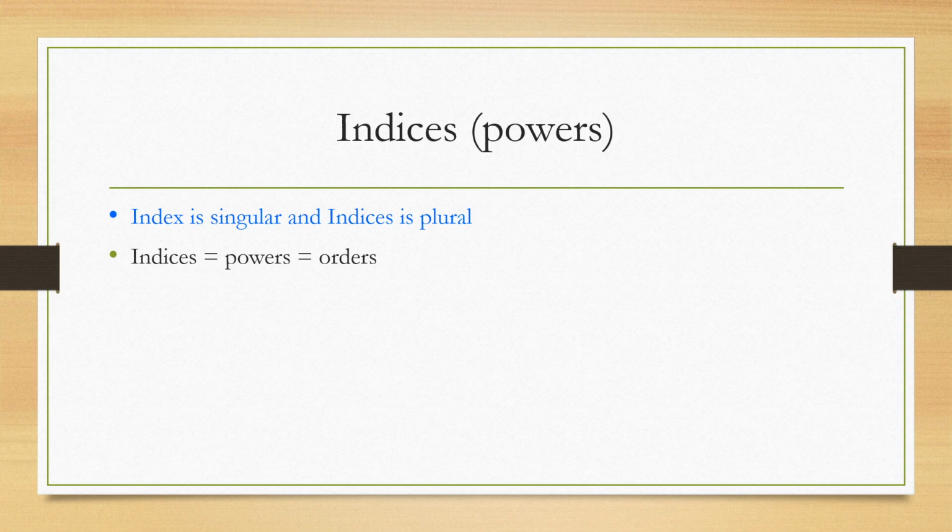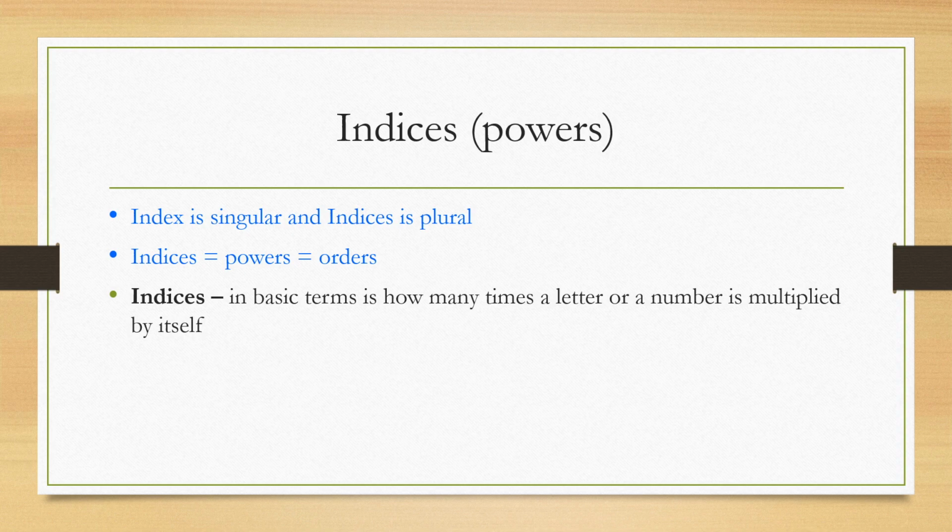Okay? Now, what actually is an index or indices? Well, indices, in basic terms, is how many times a letter or a number is multiplied by itself. Note, in this definition, the keywords to look out for are multiply and itself.